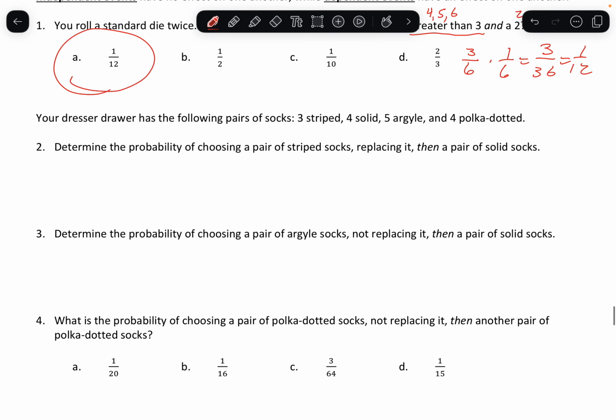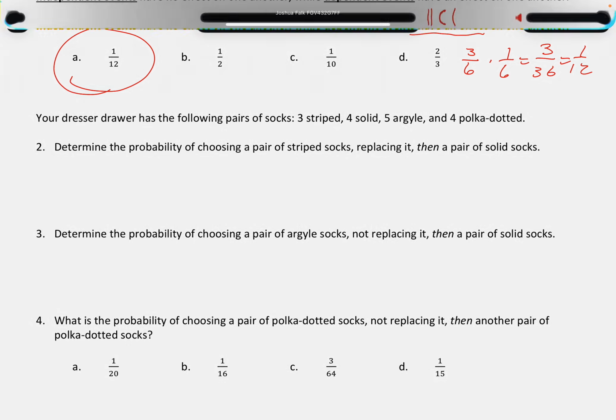All right, a dresser drawer has pairs of socks: 3 striped, 4 solid, 5 argyle, 4 polka dotted. This is the one where we have to start thinking about whether we're replacing things or not. Determine the probability of choosing a pair of striped socks, replacing it, and then a pair of solid socks. So we are replacing it this time for each of my two choices.